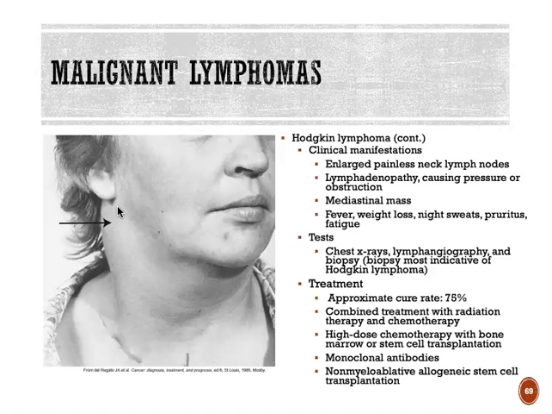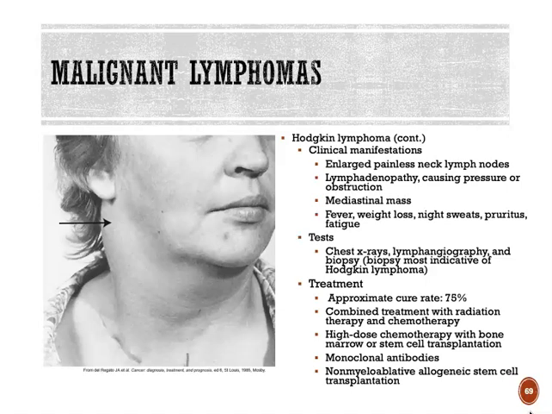And for diagnosis, the biopsy is going to be the most definitive test, though chest x-rays and lymph angiographies can also help assess the disease progression. And like we said, if we have early treatment, there is a high cure rate, about 75%, and that treatment typically will include radiation and chemotherapy.